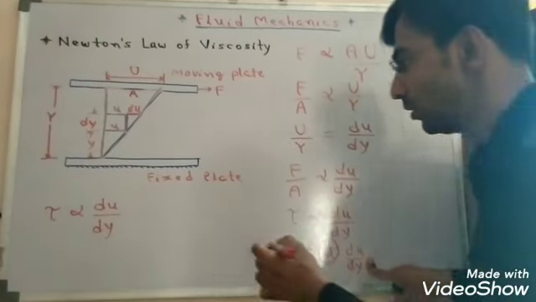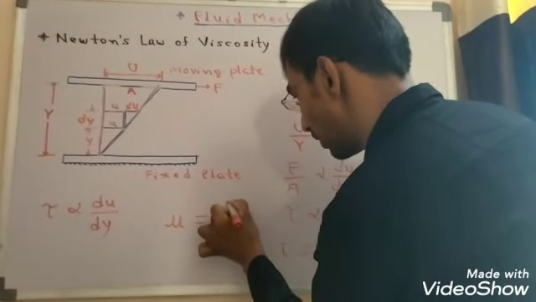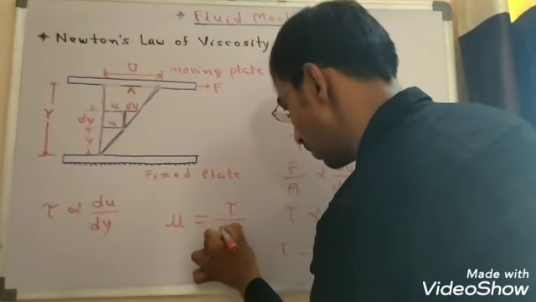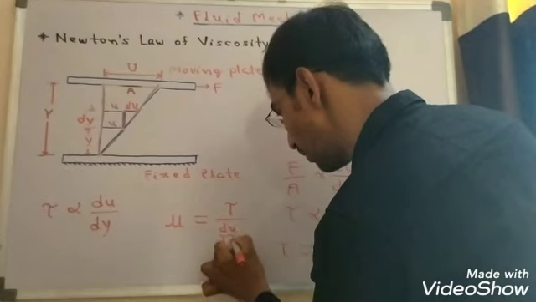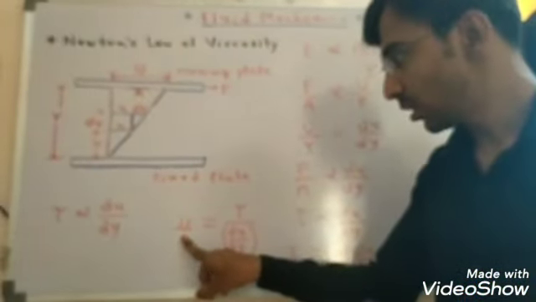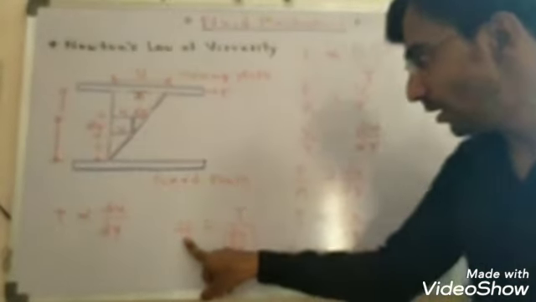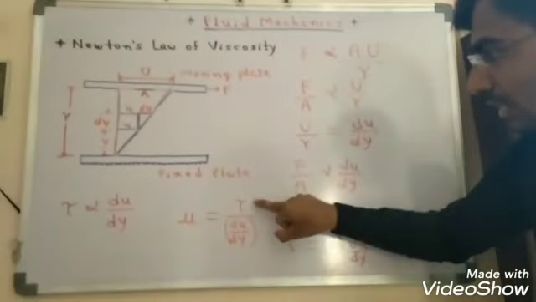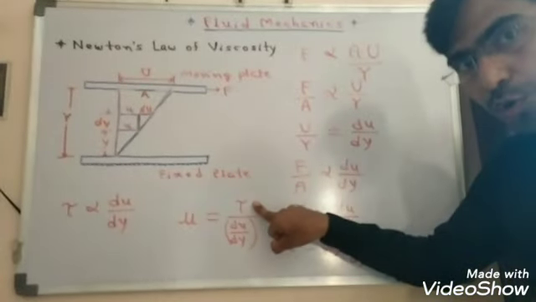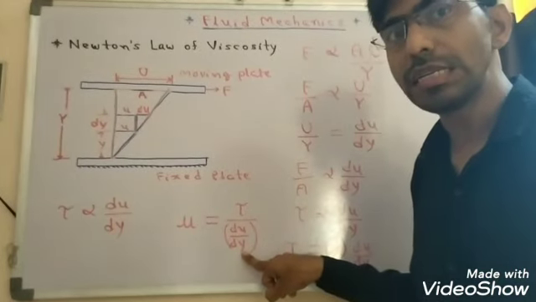From this equation, mu is equal to tau divided by du by dy. So we will define viscosity. Viscosity can be defined as the shear stress required to produce unit rate of shear strain.